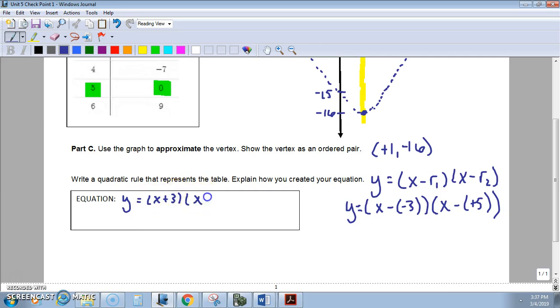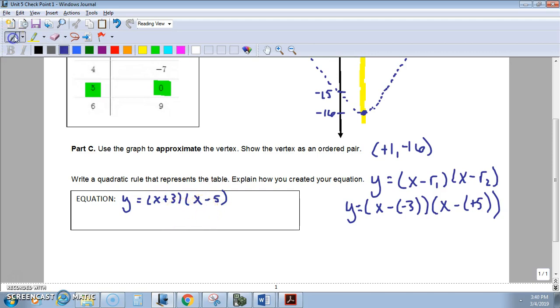And over here we have x plus 5. So those should be the opposite, oops, sorry, -5 I mean. These should be the opposite values there. +3 and -5 should be the opposite values of your zeros, because what we're doing is we're subtracting them.